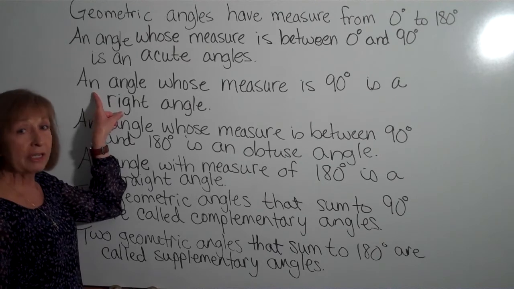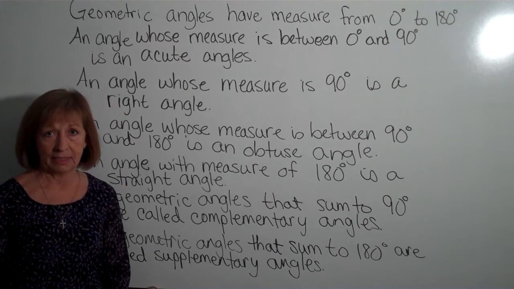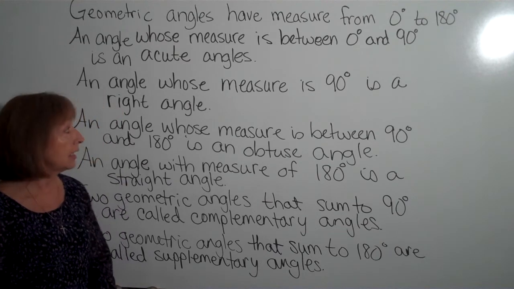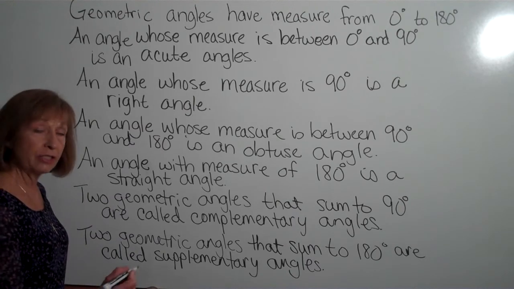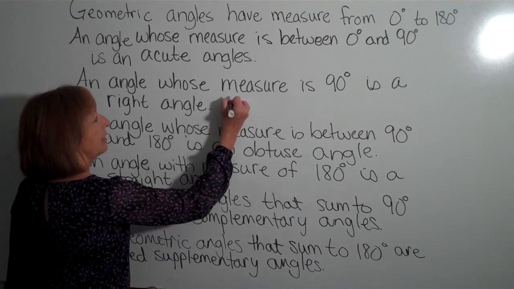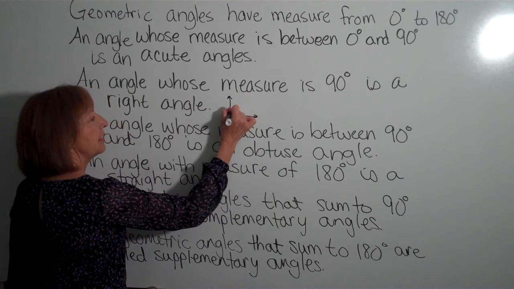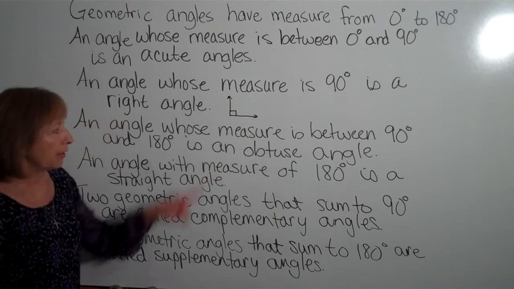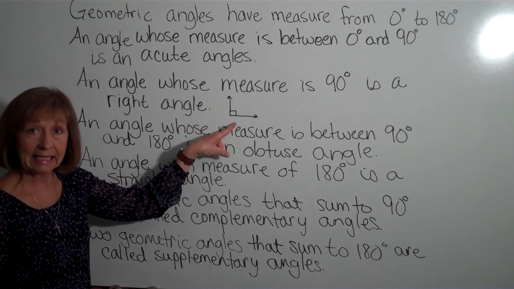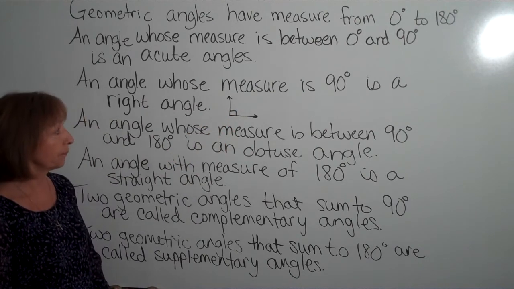Now an angle whose measure is exactly 90 degrees is a right angle. When we do the notation for a right angle, a lot of times we'll show the angle with a little mark at the angle showing that it's a right angle.